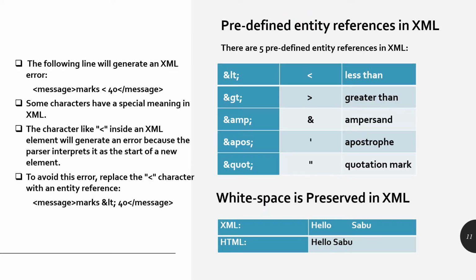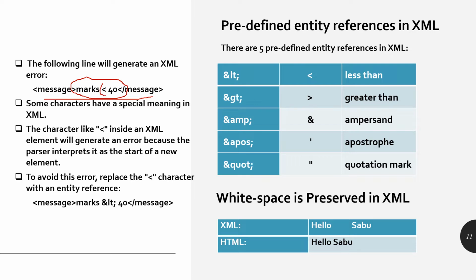While writing XML, we may face some problems. For example, see this. The other tags are fine, message is there properly and closed. But in between, what is specified? Mark is less than 40.